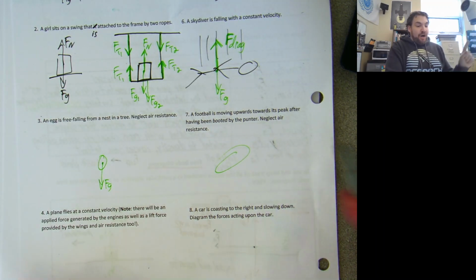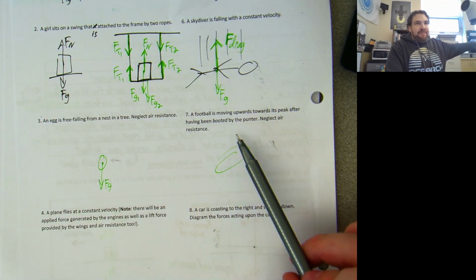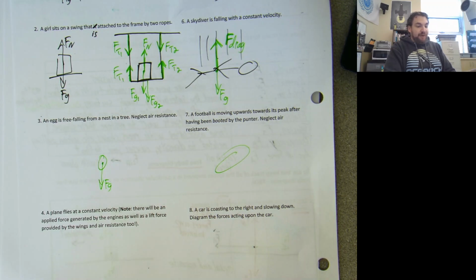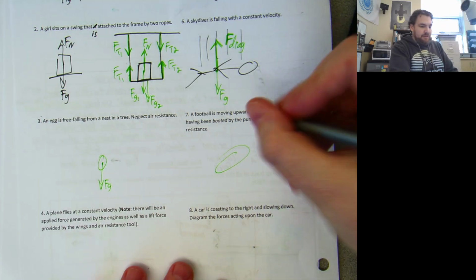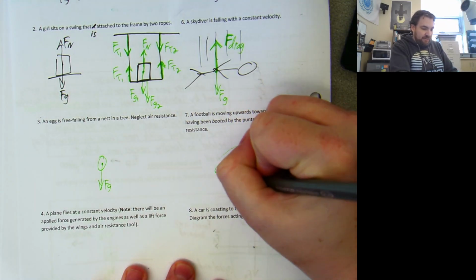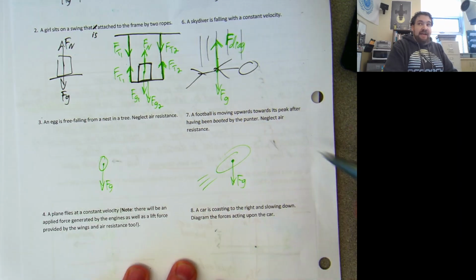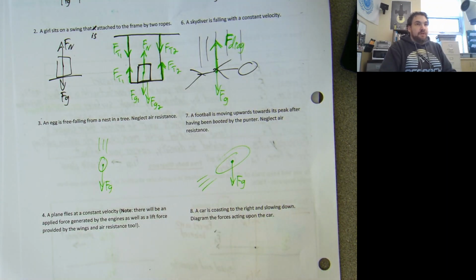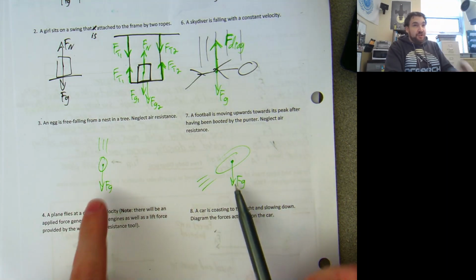Being punted, it's already been punted. The booting has happened at some point in the past. What's the free body diagram going to look like? If we neglect air resistance, just gravity. Straight down. We can put some speed lines demonstrating which way these things are moving. But the only forces in both of these is gravity.